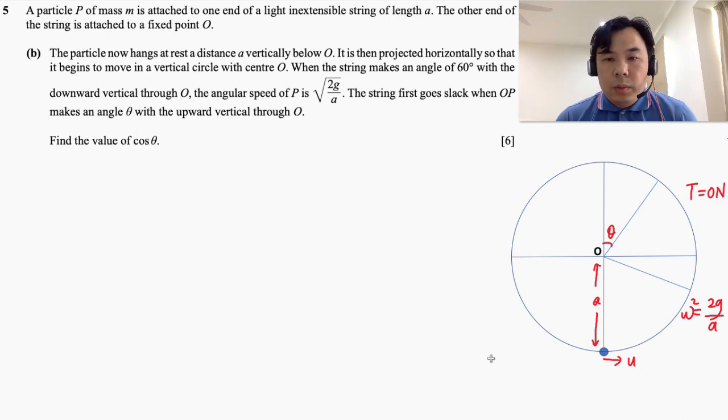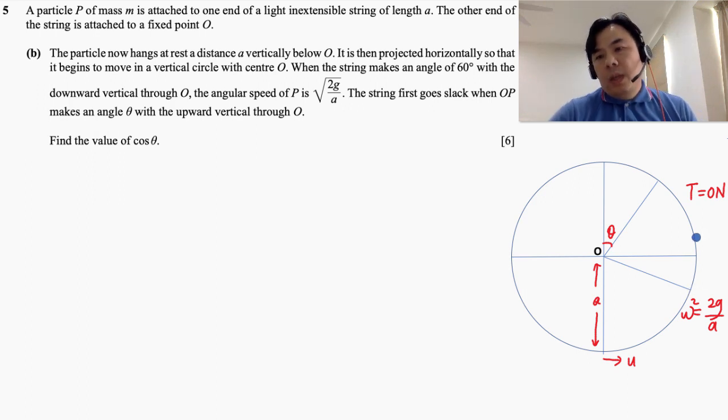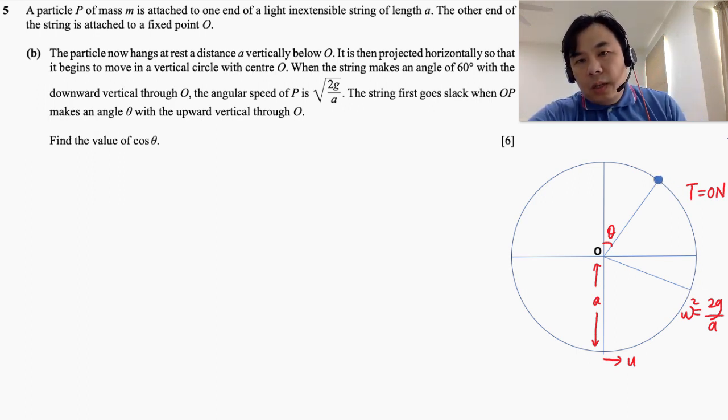Now, before you start, I'm going to show you a simple animation again. You can see that it's going up there. It makes an angle of 60 degrees, and after that it will have an angular speed of square root of 2g over a, and then it continues to move up until the string is slack, when its tension is equal to 0.